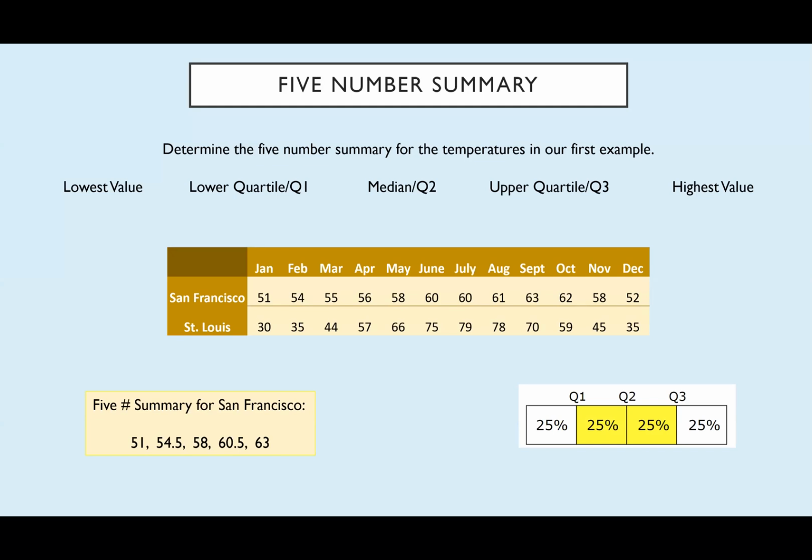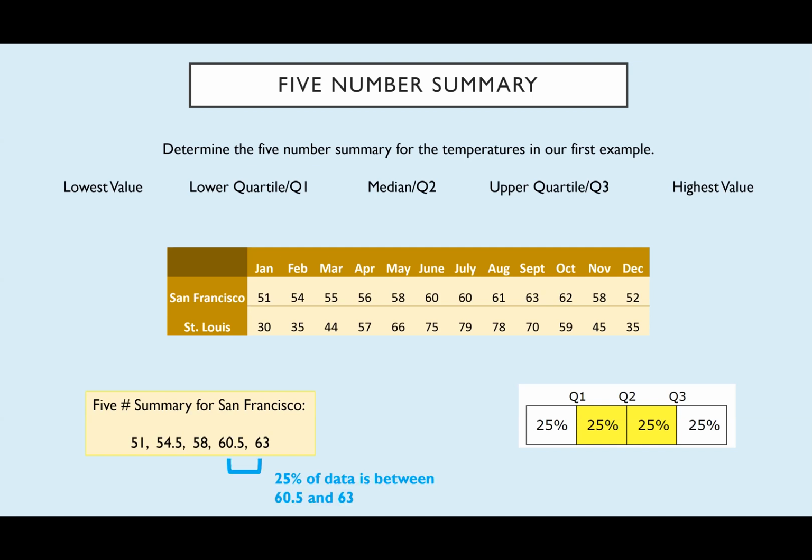A box plot is useful because it separates the data into these quarter chunks. So 25% of our data is between 51 and 54.5. Another 25% of our data is between 54.5 and 58. Another quarter of our data is between 58 and 60.5.